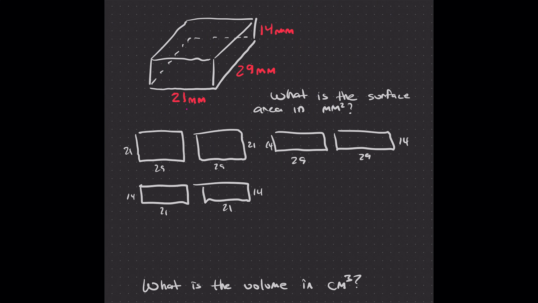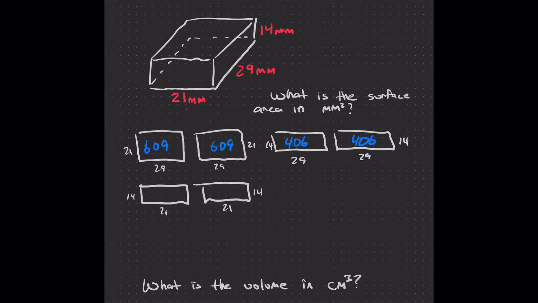To calculate the area of each of those rectangles, it's just going to be length times width. So 21 times 29 is going to be 609. And again, for that one, 14 times 29 is 406.